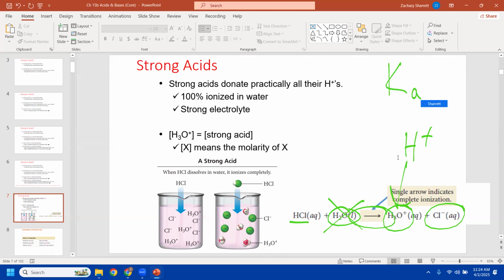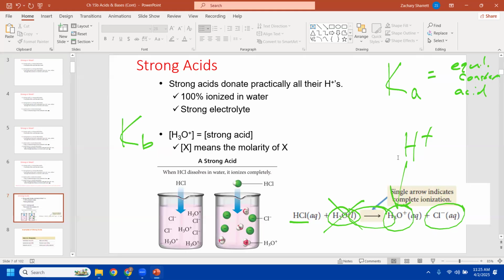We're going to call it a Ka. This is the equilibrium constant of an acid. What do you think the equilibrium constant for a base is going to be called? Kb. Very good. So we have equilibrium constants for acids and for bases.